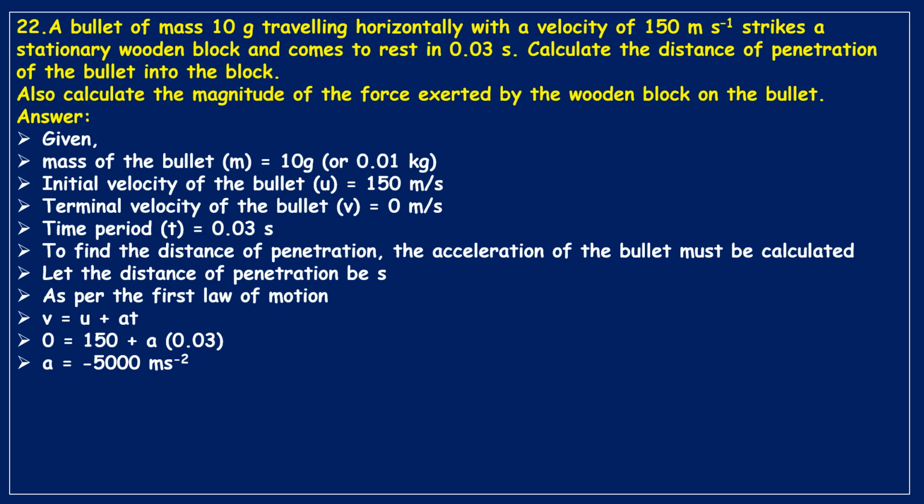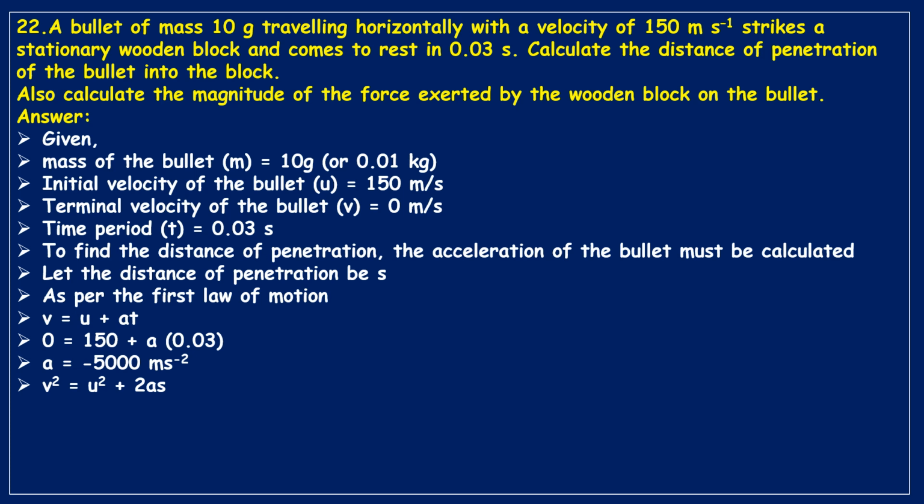So we have already mass, that is 10 grams or 0.01 kg. Now we have acceleration, that is negative 5000 meter per second square. Now we will calculate the force exerted on this bullet by the wooden block, in the negative direction. Here we have to take third formula of law of motion, that is v square is equal to u square plus 2as. My dear children, listen here. We have to use two formulas.